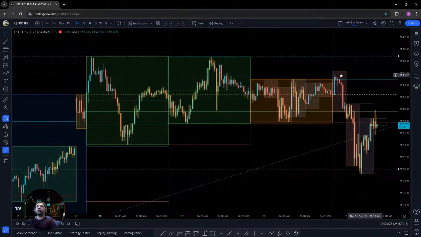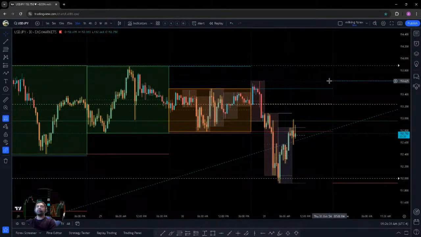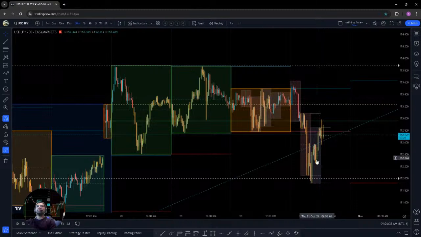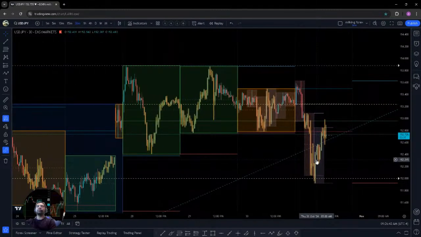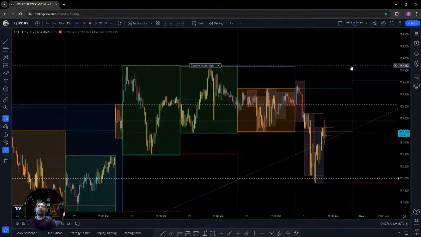Because if price takes out these highs here, on the other hand, guys, if this pullback is valid, the price could be raised on the upper side tomorrow, making this weekly look bullish again. Do you get what I mean? What I'm saying?